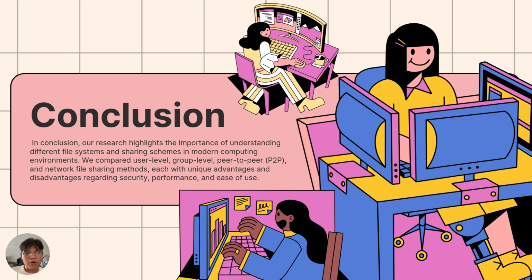We continue with the conclusion. In conclusion, our research highlights the importance of understanding different file systems and sharing schemes in modern computing environments. We compared user level, group level, peer-to-peer, and network file sharing methods, each with unique advantages and disadvantages regarding security, performance, and ease of use.